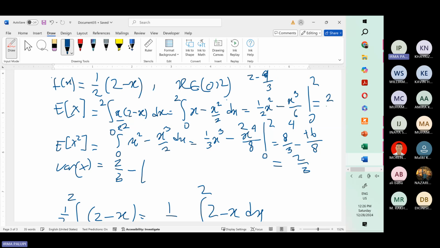Ini juga sama 2/3. Jadi 2/3 dikurangi 2/3 kuadrat. Berarti 4/9. Kalau mau per 9 ini 6/9 dikurangi 4, 2/9. So this is the variance.